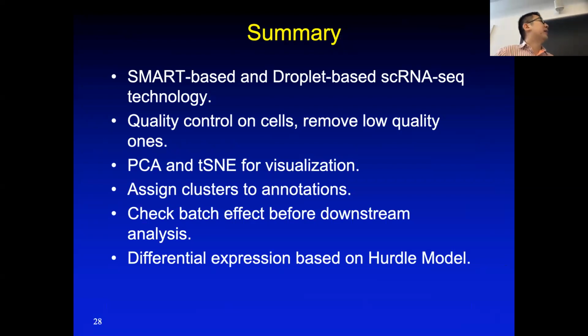And also annotate these clusters by the marker genes in the cells, or by comparing the gene expression level of each cluster to the bulk RNA-seq expression. We also need to mention that in single-cell RNA-seq experiments, it is very important to check the batch effect before you perform any downstream analysis, or your findings might be related to the batch, not to the real biological findings. And last, for single-cell differential expression analysis, you may need some specific models, like the hurdle models, to solve the dropout problems.